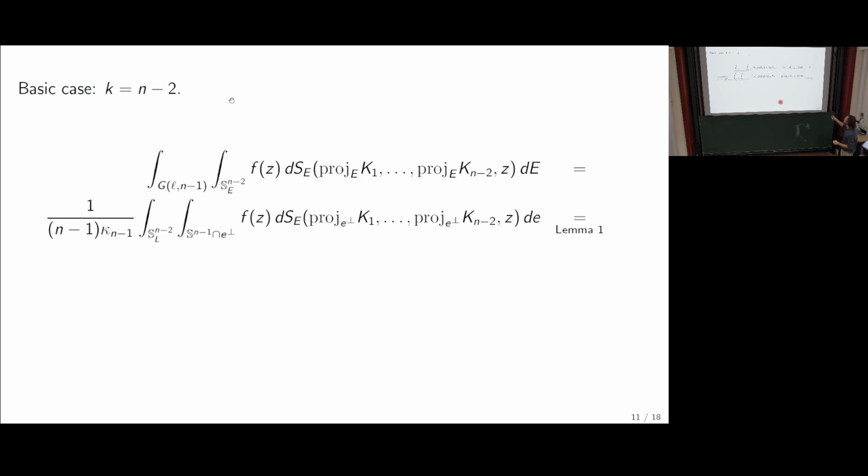Then we use lemma 1, because we are precisely in the case where we have the surface area measure of these projections, and we obtain this. So we switch from the lower dimensional ball to a higher dimensional ball, and now we have this segment inside here. But now we are averaging on this surface area measure including the segment.